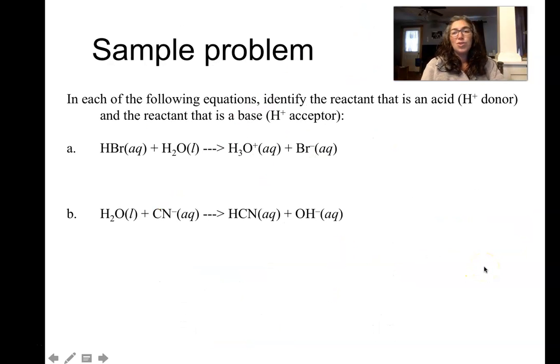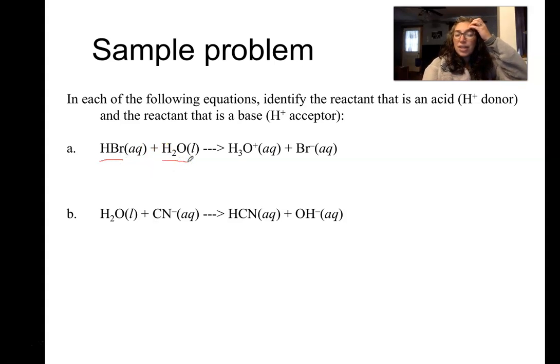All right, so let's just do a quick sample problem where we are identifying whether a reactant is an acid or a base. And we're remembering that an acid is defined as a proton donor. It gives a proton, and a base is a proton acceptor. It receives one. So we're looking over the course of the reaction, who's the giver and who's the receiver. So in this first one, we've got HBr and H2O.